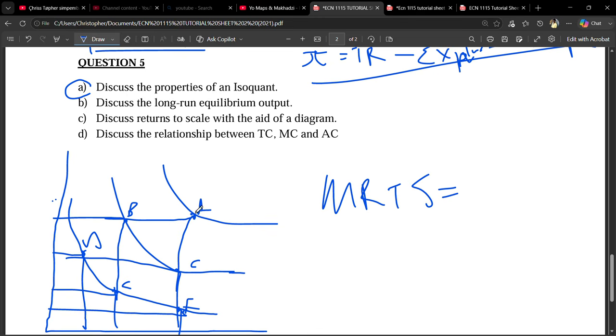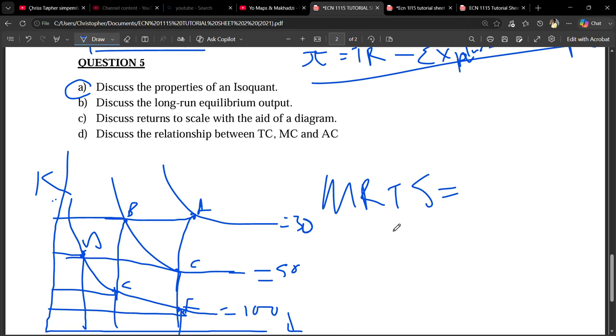So it means that for a firm to stay in equilibrium, if it decides to use more labor than capital, with capital there and labor here, it must move from here to there to remain in equilibrium, producing the same level of output.